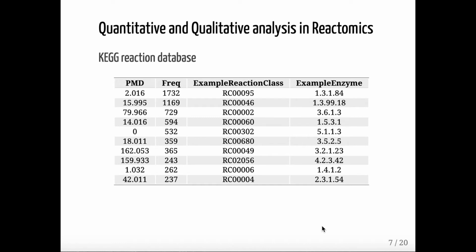And here you can find the first one is actually a double bond breaking or forming process. There are almost 2,000 reactions involved in these PMDs. It's almost 15% of all of the reactions in the database.